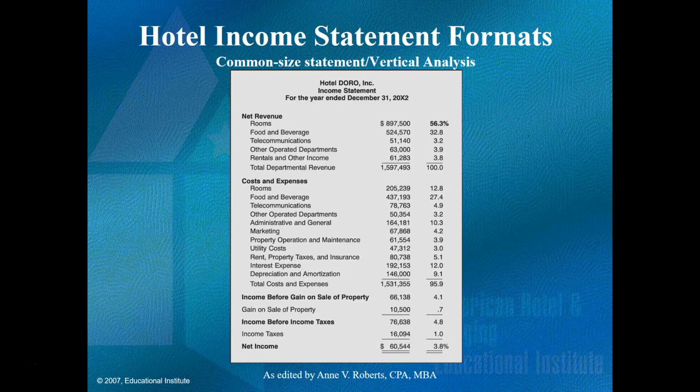Now, when we move down here to the expenses, we're still taking each one of those numbers and dividing into total revenues. So if we want to break out our total revenues, going back to the top, we can see that a somewhat majority, a little more than a majority, of the revenues that are coming in are from rooms. That's our biggest thing.